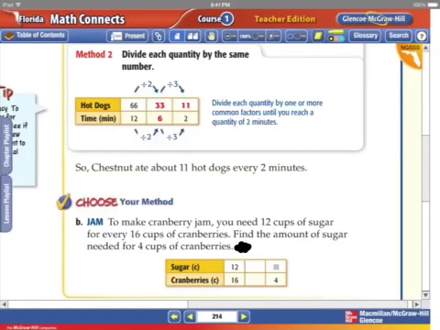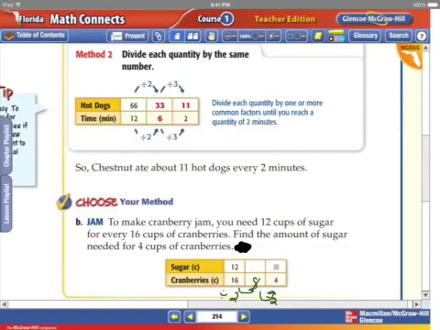So looking at our check your progress, to make cranberry jam, you need 12 cups of sugar for every 16 cups of cranberries. So we've got 12 over 16, and we're going to try to get this 16 down to 4. So, just like before we talked about up here, 16 down to 4, we're going to divide. So in this case, to jump to here, we can pick a number that'll get us in between. 4 would get us all the way down, so let's use 2. 16 divided by 2 gives me 8, which means this divided by 2 would give me 4.